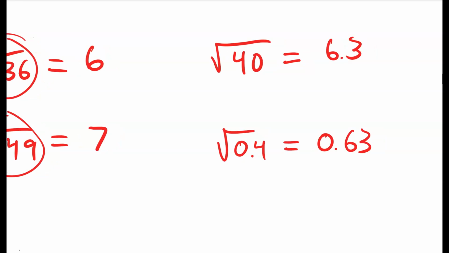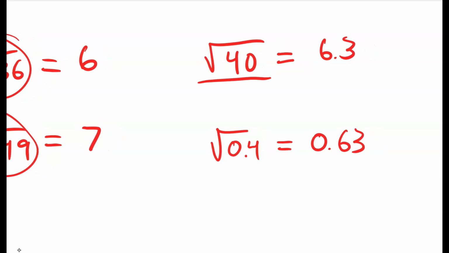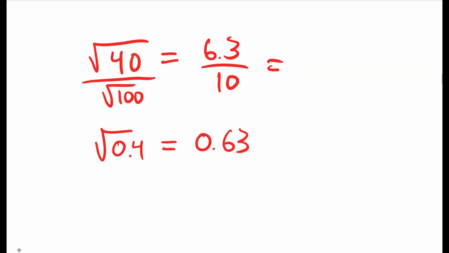The reason for that is because we multiplied it by 100, meaning we had root 100 on the bottom, just like that second option we talked about the other day, which means you have 6.3 over 10. 6.3 divided by 10 gives me 0.63, which would be the answer we're looking for.